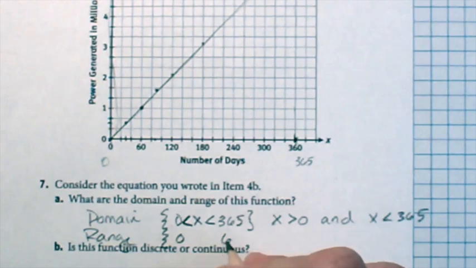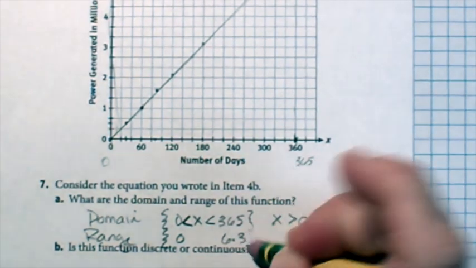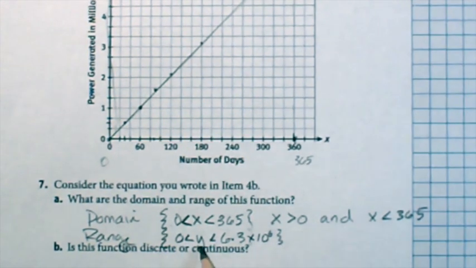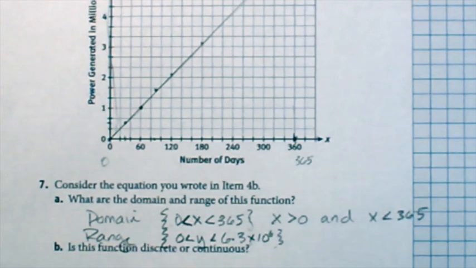So 6.3 is going to be our biggest value. Oops, million. I'm going to write times 10 to the 6th power for million. Do you remember that? So y is going to be all of the values between 0 and 6.3 times 10 to the 6th power, or 6.3 million.